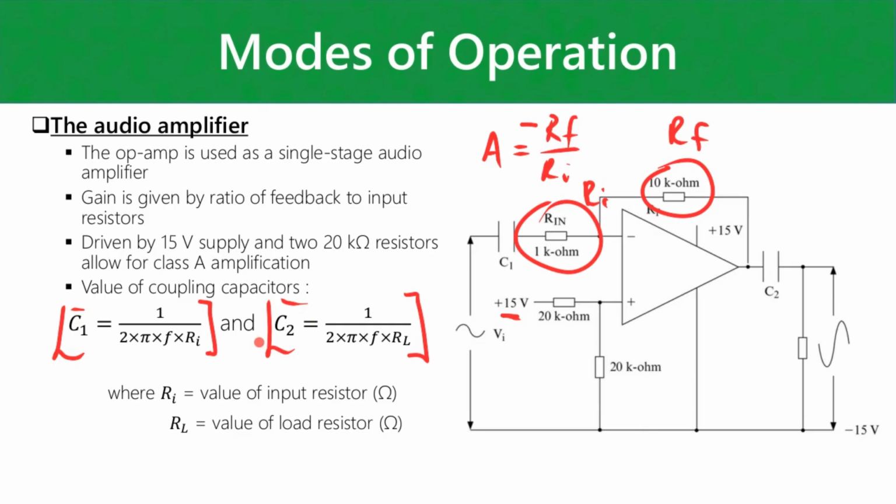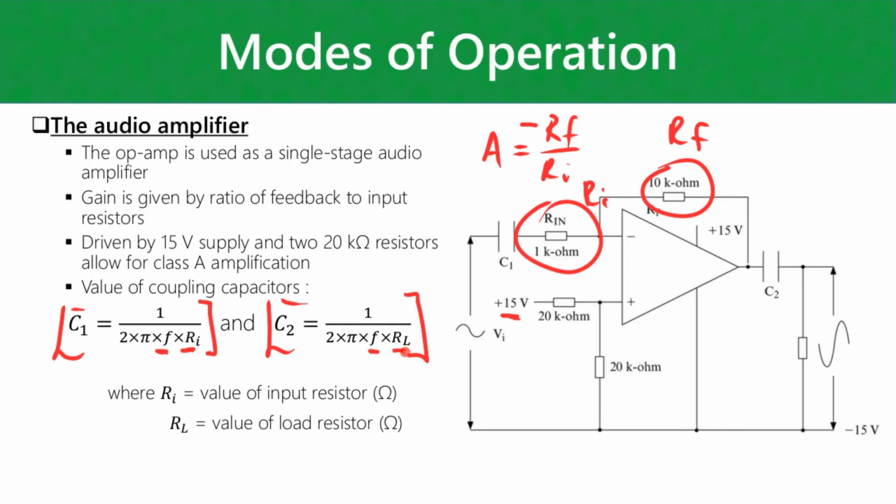So as you guys can see, that is going to be dependent on frequency. That frequency is going to be pretty much your minimum frequency that you're going to let through. For C1, that's also going to be dependent on your input resistance, and C2 will be dependent on your load resistance.